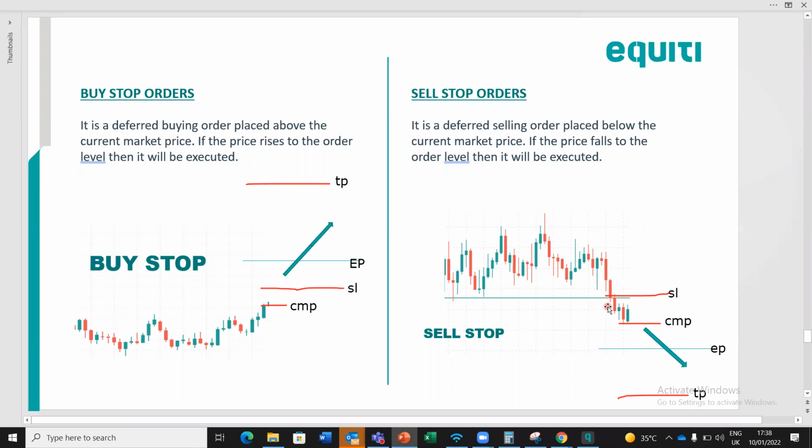Remember, we said if you say sell, what your broker understands is that prices are going to depreciate. Prices are going to keep going down and down and down. All right. So if you are taking the order at this level, which is your entry price, if the market continues to go below your entry price, you're making what? Profits. The farther it depreciates below your entry price, you make what? Profit.